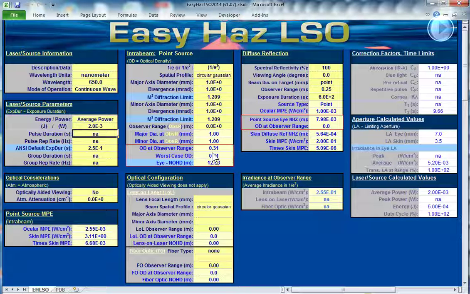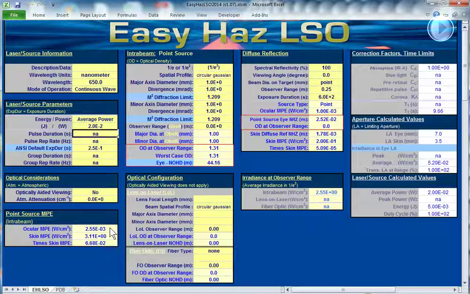Then we need an extra 0.3 to take care of that 1 milliwatt extra that's being leaked through the eyewear. So the total OD value across the range of 532 to 650 would be 1.31 OD.